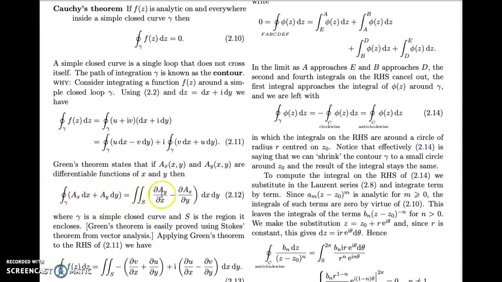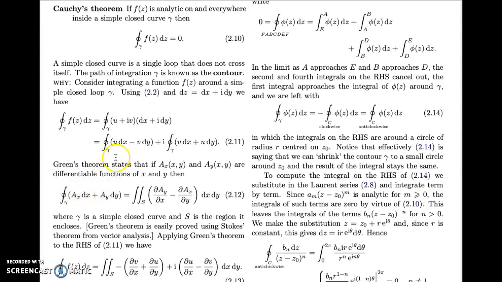This result, if you haven't seen it before, is actually quite easy to prove using Stokes' theorem from vector analysis. This is basically a component of curl, and this is just a line integral. Okay, so we have that result which we can immediately apply.